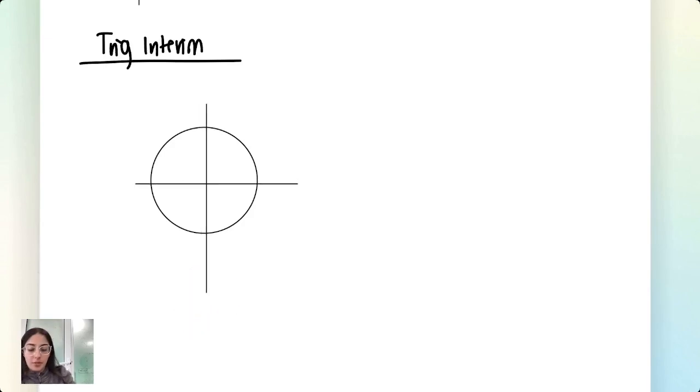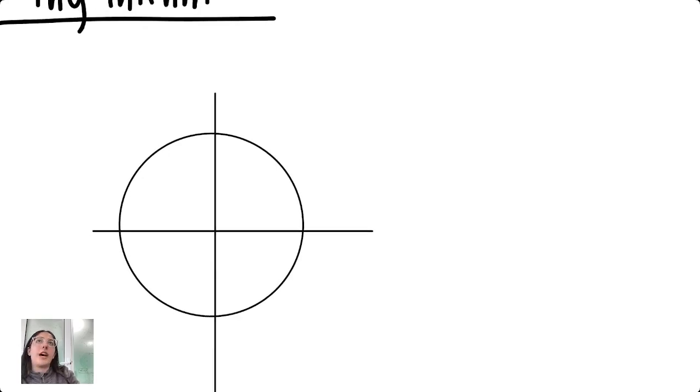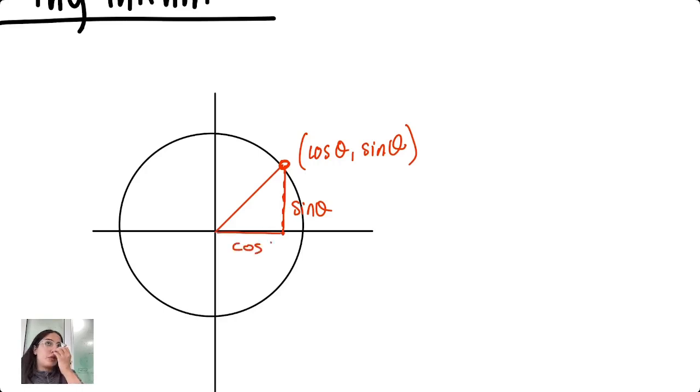So everyone remembers when I taught you guys trig, I taught you that this coordinate is cos theta, sine theta. Everybody remembers that? Tarek, you remember that? And you also remember that I can call this whole distance just sine theta, and this whole distance I can call cos theta. Everyone's on board with me so far. We also remember that this radius is 1. Yes? Tarek, you remember all that?